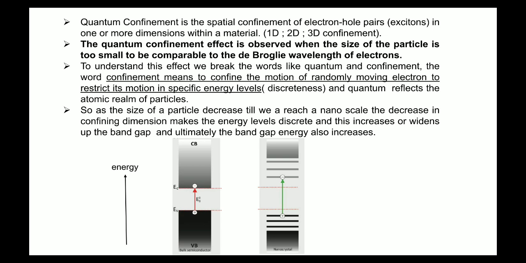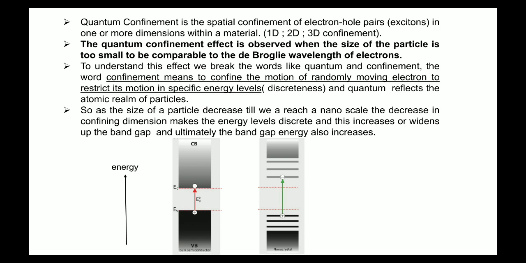If the material is confined in one dimension, then the quantum confinement will be observed in only one dimension. If the degree of confinement is two dimensional, then it is observed in two dimensions. If it is three dimensional, then it is observed in three dimensions. So it depends which type of material we are talking about: one dimensional, two dimensional, three dimensional, or zero dimensional.